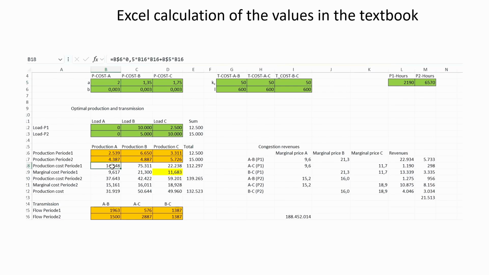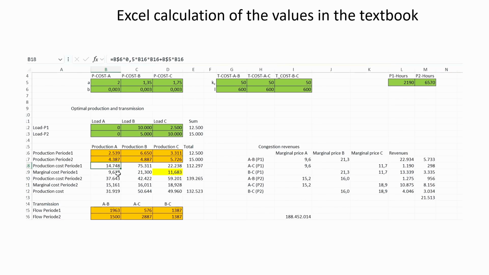In order to calculate the production cost, we integrate the marginal cost curve, and then we get a second degree polynomial. When we insert the values in the second degree polynomial, we get the production cost in period 1 for unit A, B, and C, and this is the cost per hour.